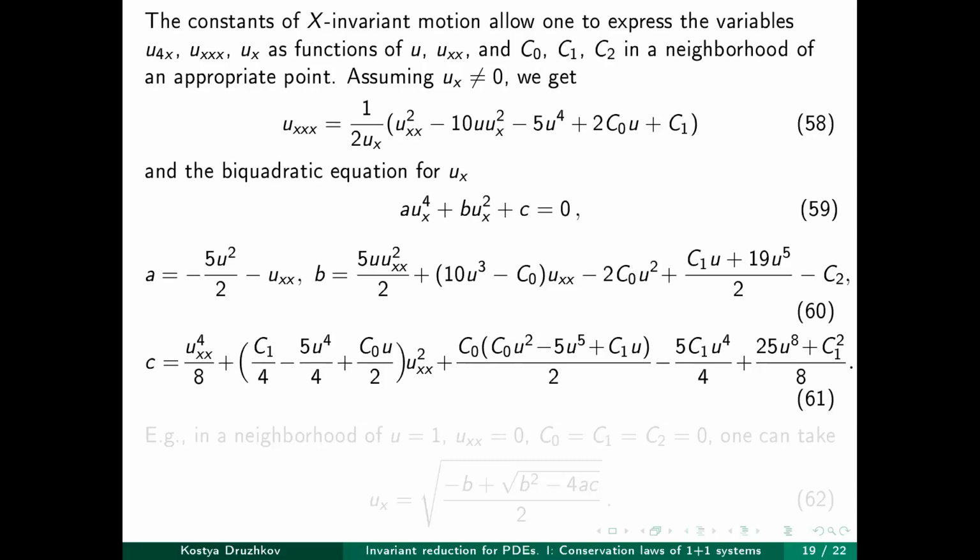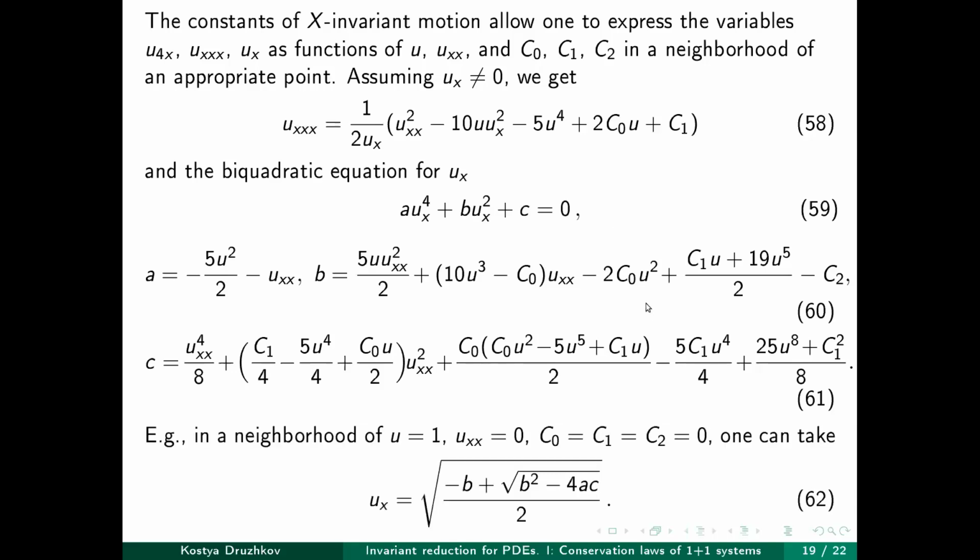And eventually, we arrive at the biquadratic equation for ux, equation 59. Its coefficients are given by these functions a, b, and c, and they depend only on u and uxx, right? So we eliminate the derivatives except for u and uxx in this case.